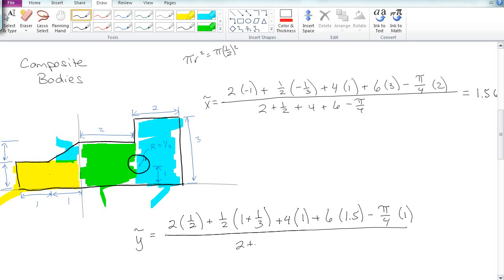Again, divide by the full mass or area, 2 plus 1/2 plus 4 plus 6 minus pi over 4, and we get 1.18. That looks pretty good, kind of where I'd expect it to be, a little bit above the center. So 1.56, 1.18 is the answer we're looking for in SolidWorks, and that's going to be located just about right there.